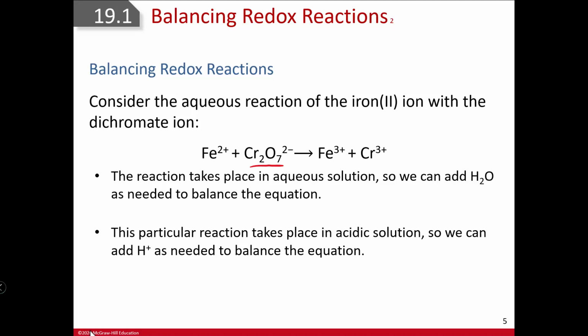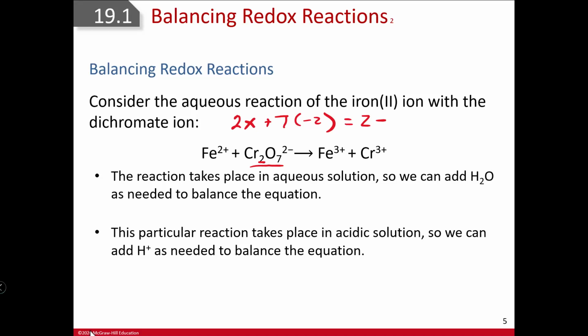And the way you would do this is 2 times X, because you have 2 chromium here. We don't have a rule for chromium, so that's why we put an X here. We know that this is going to be 7 times a -2 oxidation state for each oxygen, and that's a rule, unless it's a peroxide or a superoxide, and then that has to equal the charge on the ion, which is 2 negative.